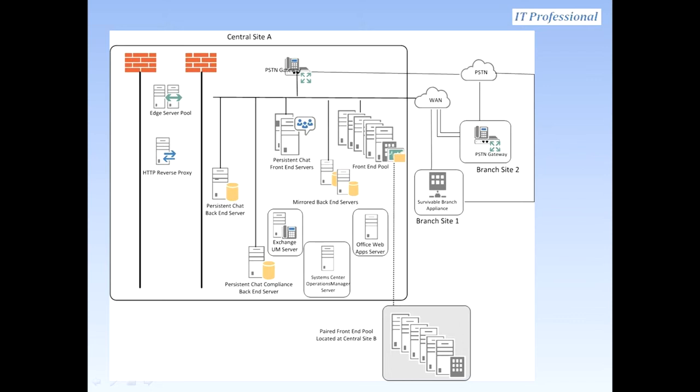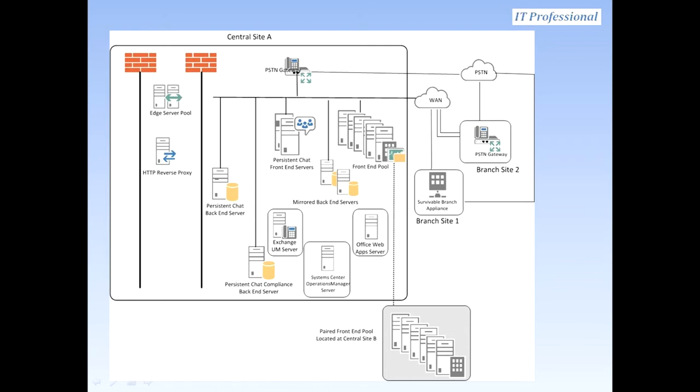We also have here the front-end pool, which I already said is paired with the front-end pool located on central site B. We have the reverse proxy, the edge server pool, and branch site 1 and branch site 2. Branch site 2 has a resilient WAN link, so you need only a PSTN gateway.